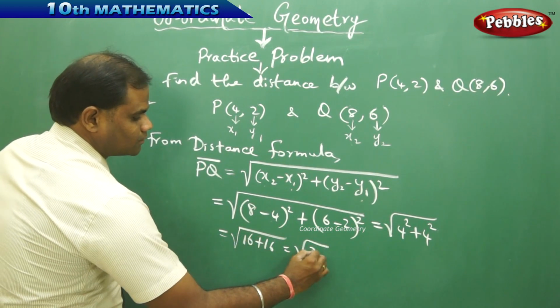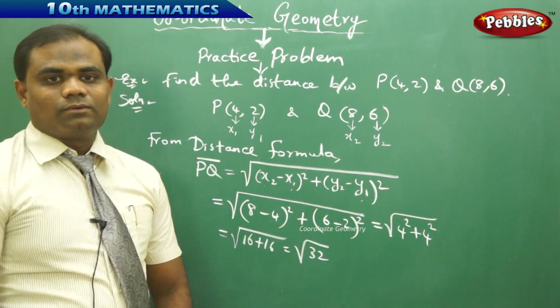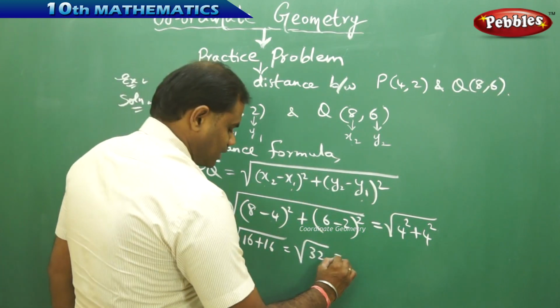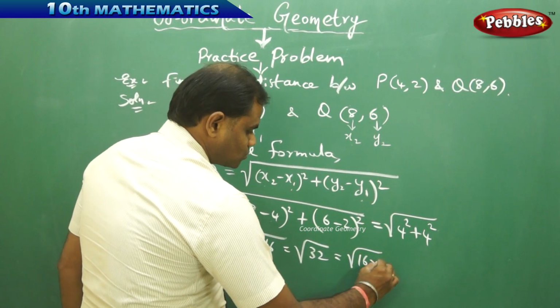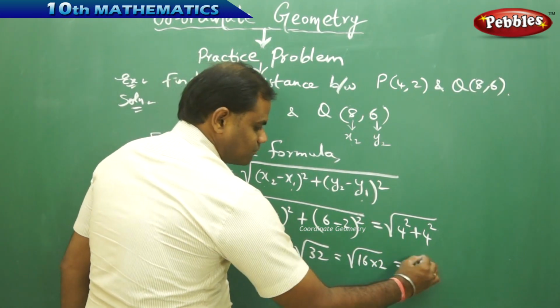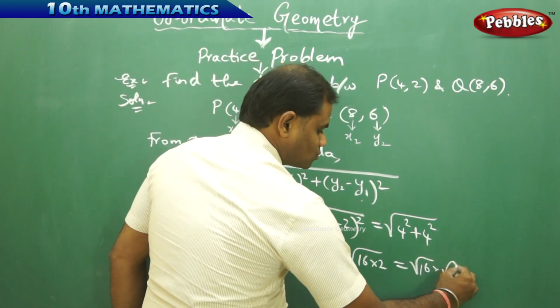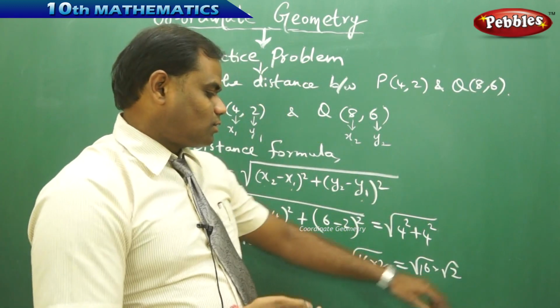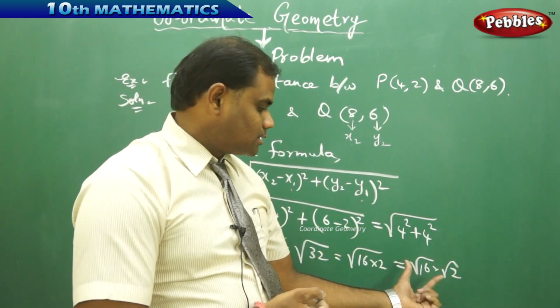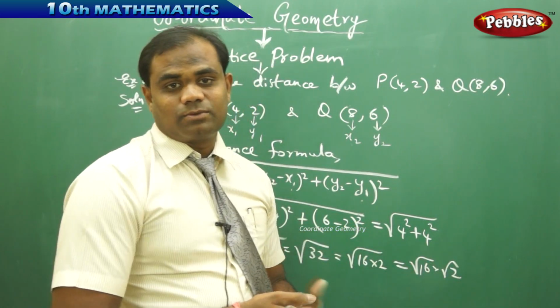root of 32. Now root 32 can be written as root of 16 times 2, which can be further split as root 16 times root 2, and the purpose of splitting the factors is that I have this as a perfect square.